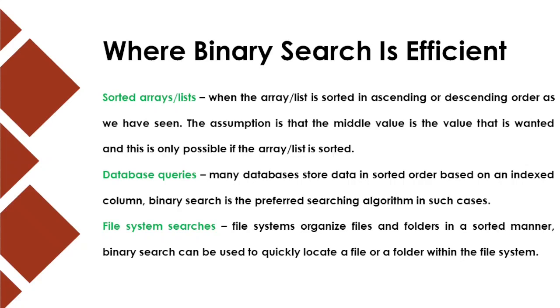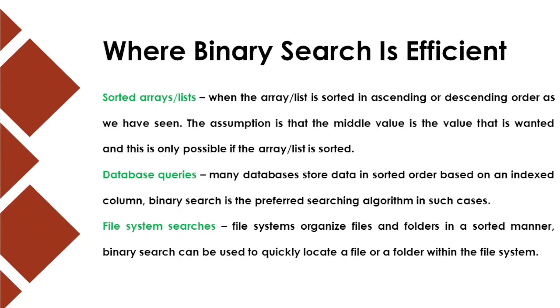When the array or list is sorted in ascending or descending order, as we have seen, the assumption is that the middle value can be compared to the wanted value, and that is only possible if that particular array or list is sorted. And the binary search algorithm will work very well in dividing the array into halves until it finds that particular element.